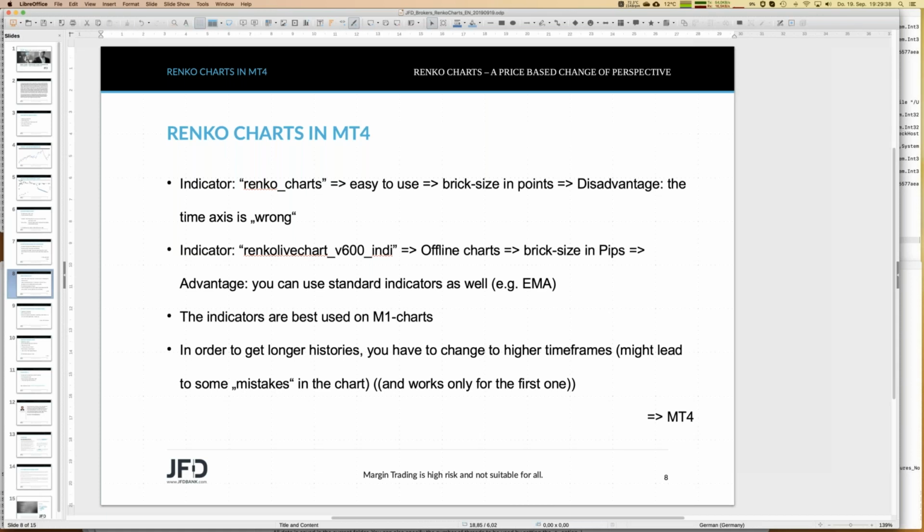If you have a brick size of a few bips, then the number of mistakes in the charts is really quite rare. So if you want to have longer history within that chart, sometimes you have to go to M5 or even M15 chart, because otherwise the history is not long enough.